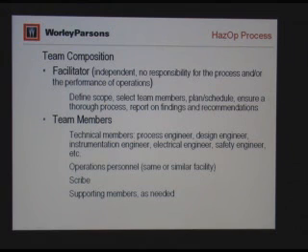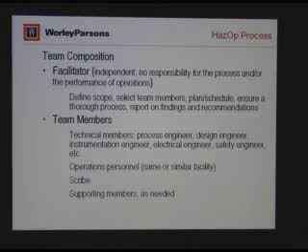And for other team members, we need to have technical members: an engineer, designer, instrumentation engineer, electrical and safety engineer, etc. And of course, we'll always have the operation personnel, a person who is familiar with the process, who works at the process we're designing for or implemented on, or similar facilities.